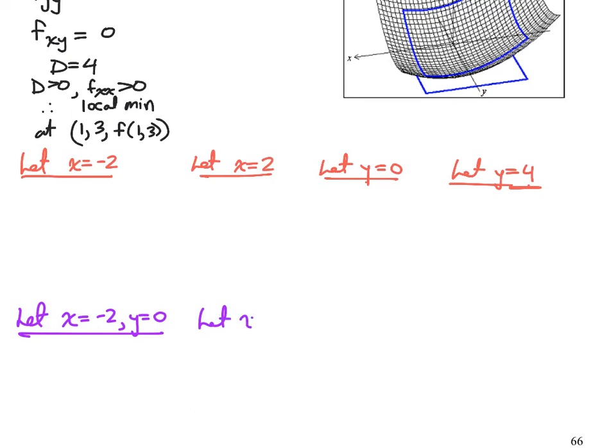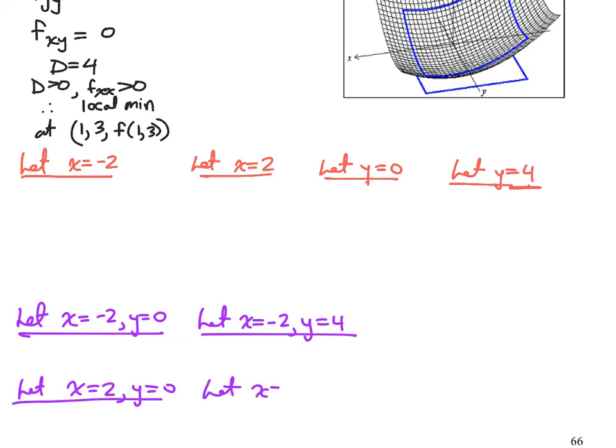Let x equal -2 and y equal 4. Let x equal +2, y equals 0. And let x equal +2 and y equal 4.